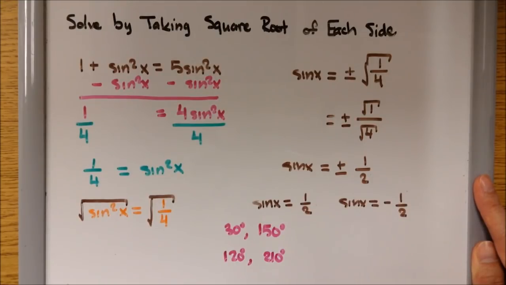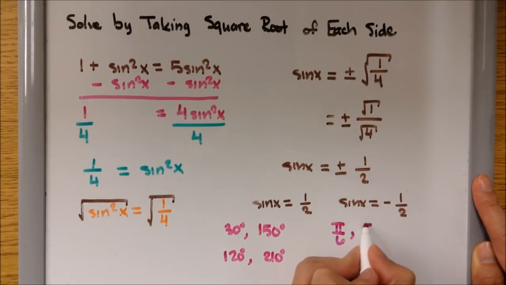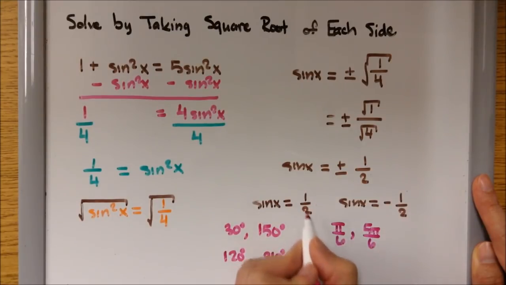Now if it were in radians, the radian equivalence for 30 degrees is pi over 6. The radian equivalence for 150 is 5 pi over 6. Now these two are for positive 1/2.